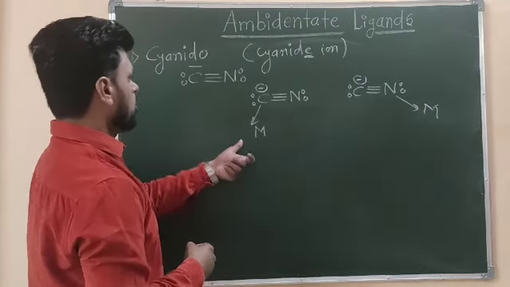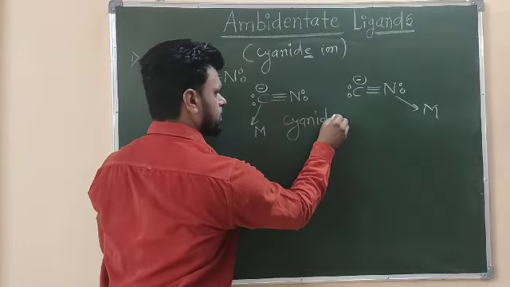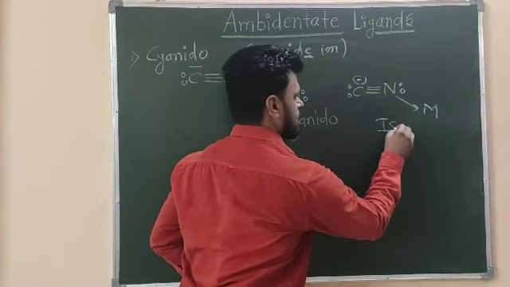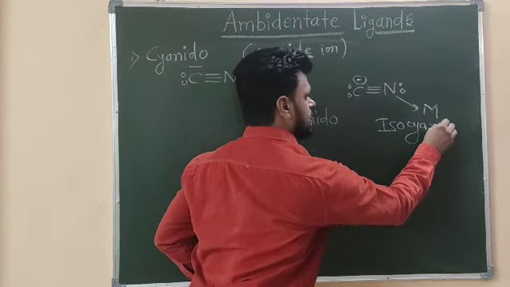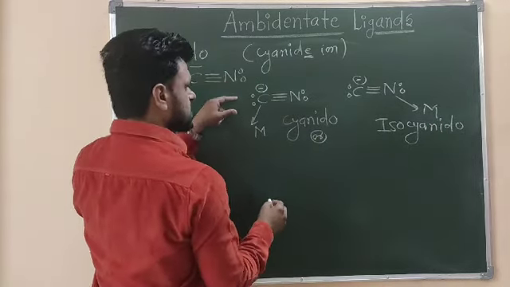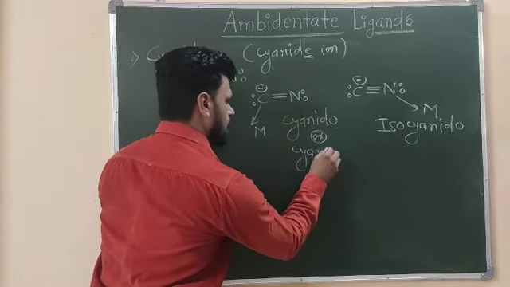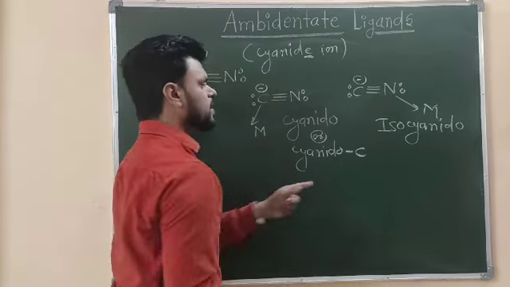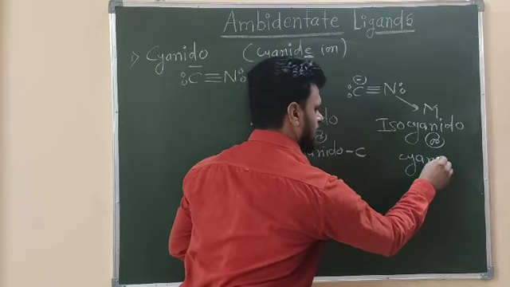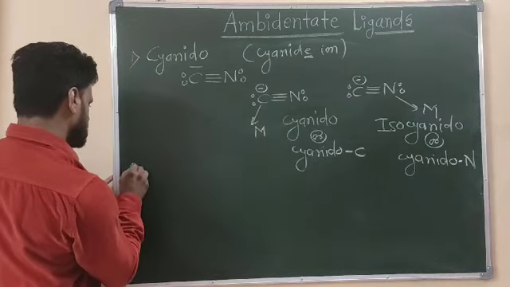If it forms a bond via carbon, this is known as cyanido, and if it forms via nitrogen, this is called isocyanido. Or we can name it a different way, in which we mention the atom which is forming the linkage. This is called cyanido-C, where carbon forms the linkage, or this can be called cyanido-N. Okay, let's move towards the next example.